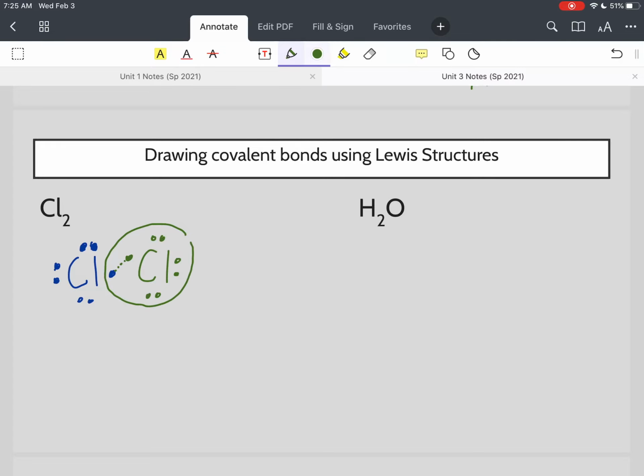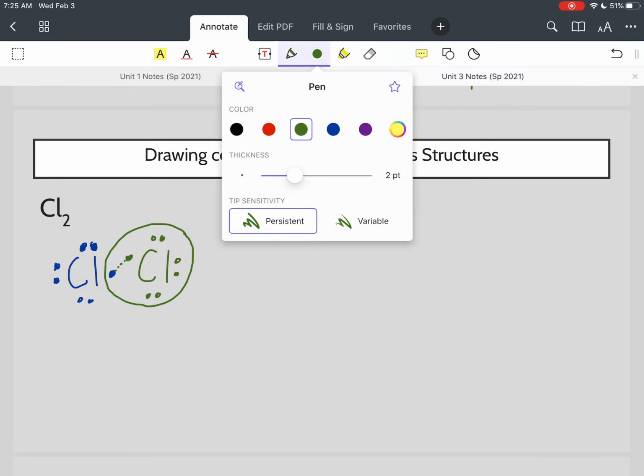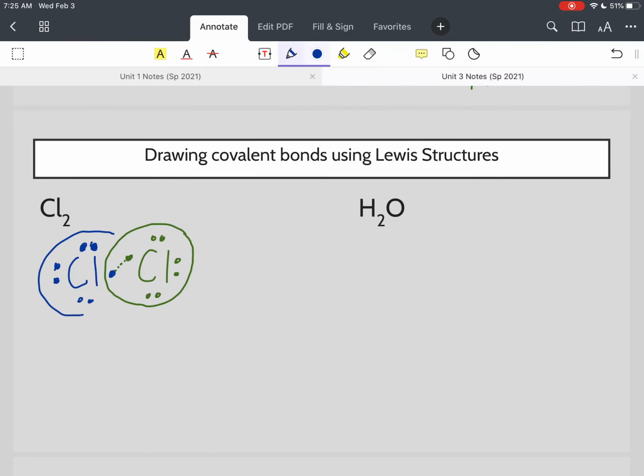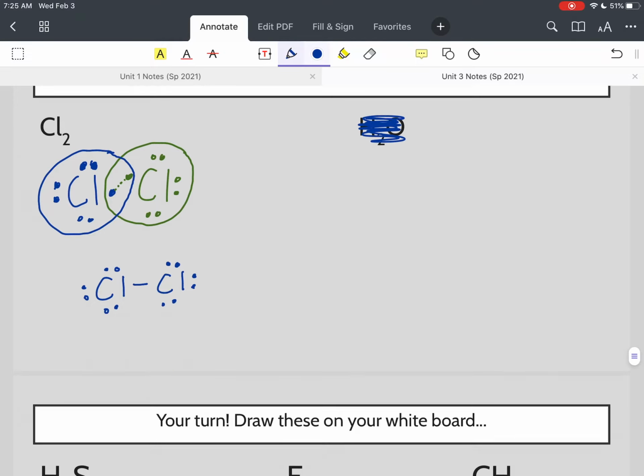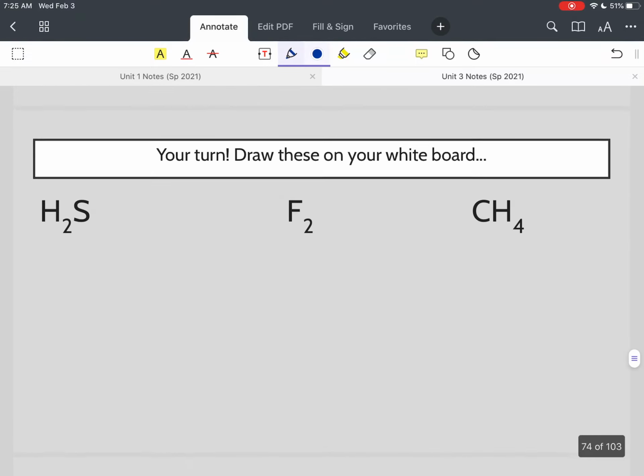So this chlorine can have those 8, and this chlorine can have these. Okay, so they're kind of sharing those 2 in the middle. So remember, I can use a line to show how they're sharing, and then I can just fill in my other electrons. And we already did hydrogen.